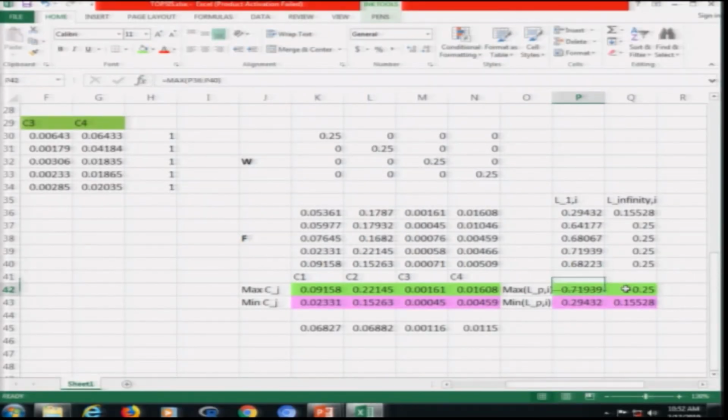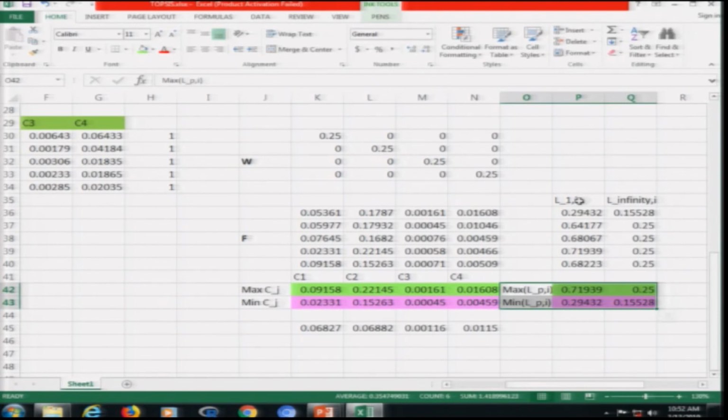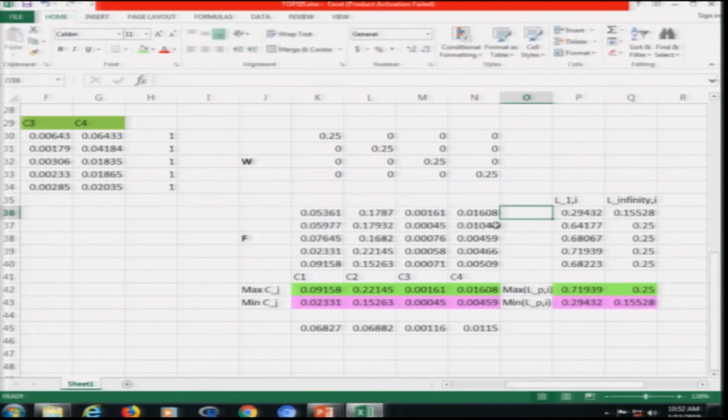So, now let us plot these. If I have the L infinity, this is for A1, A2, A3, A4, A5. This is the maximum distances which I can have.